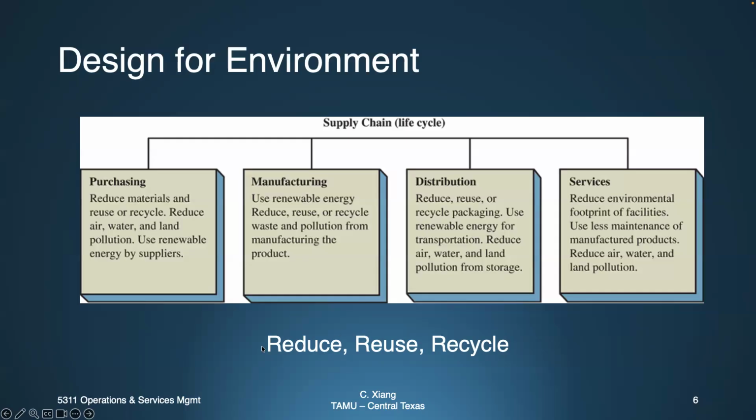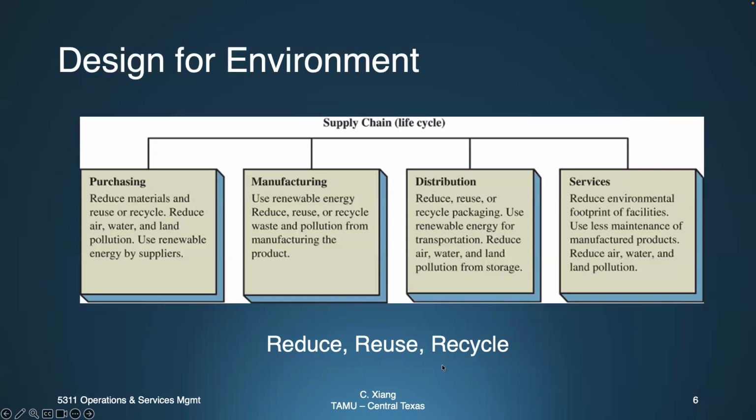The first approach, reduce, focuses on preventing waste and pollution at the source. This means designing products that use less energy, fewer materials, or less packaging from the very beginning. For example, reducing the amount of plastic in a product or designing a lighter product directly improves sustainability at its roots.